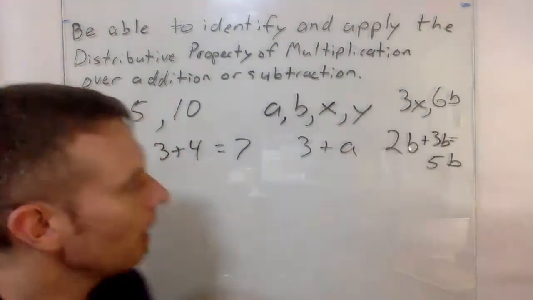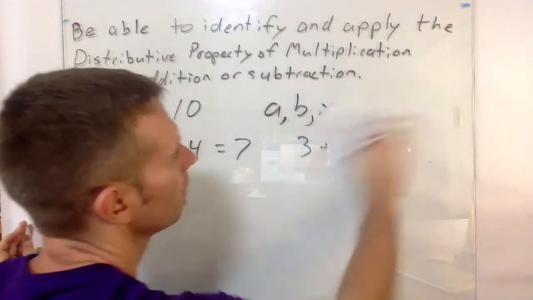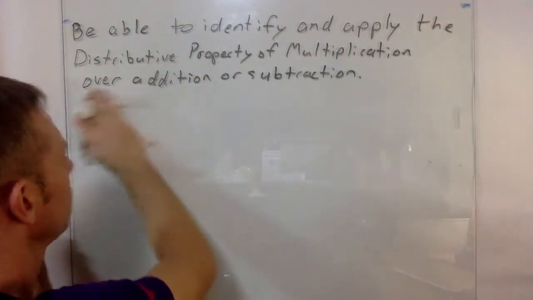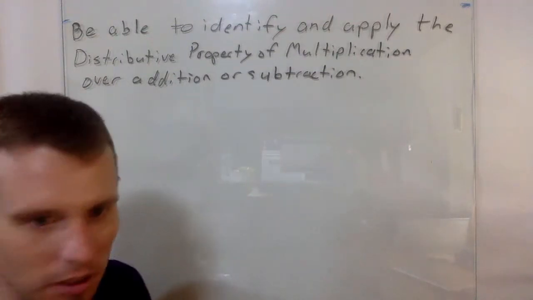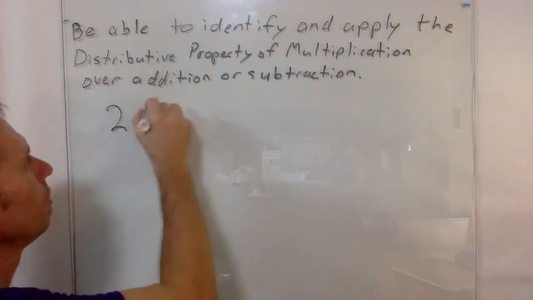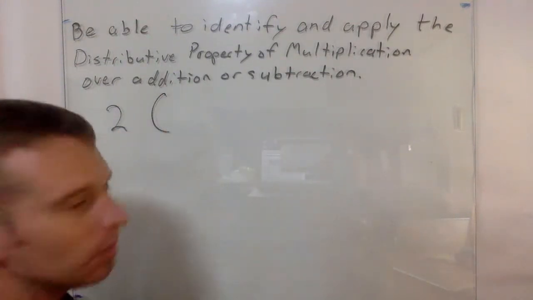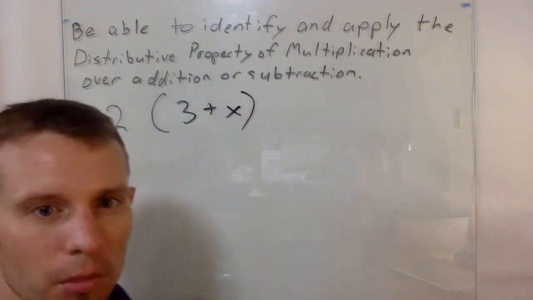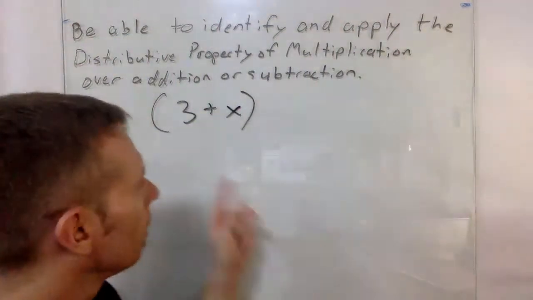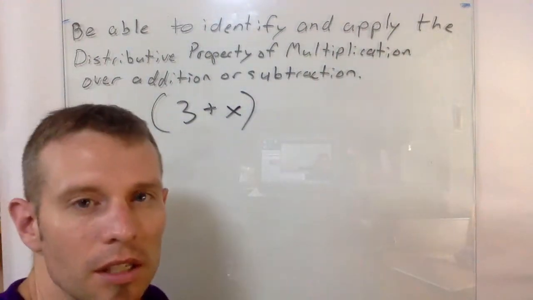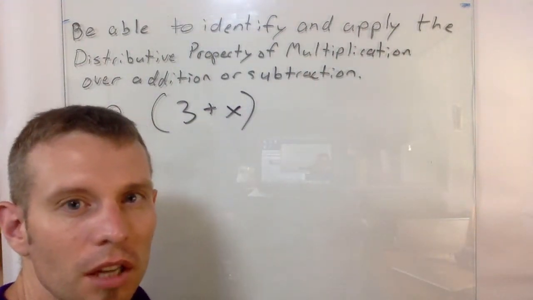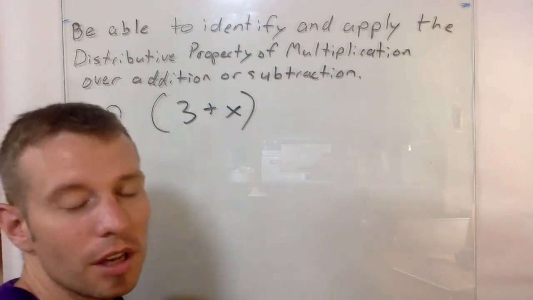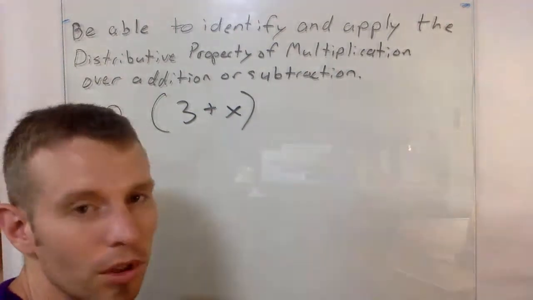Let's say we have 2 times 3 plus x. Now we know that 3 is a constant, x is a variable, so those are not like terms, so we cannot just add those together inside the parentheses. We don't know what x is.